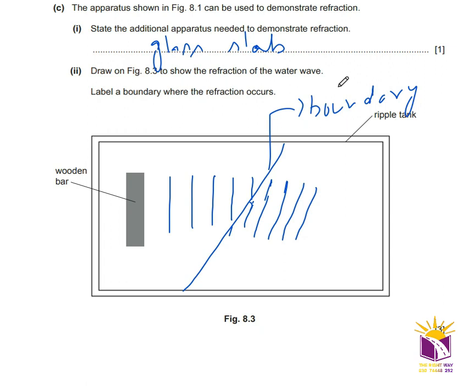Your wavelength should be different. Here your wavelength is greater, then there the wavelength should be small. The difference of wavelength will give you 1 point, the boundary will give you the other point, and the refraction, the bending wave, will give you the third point.